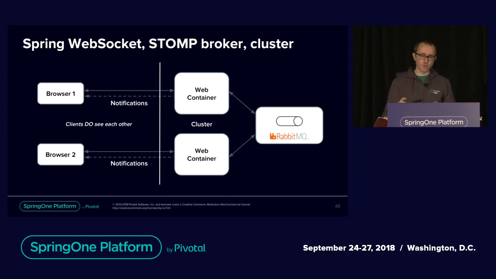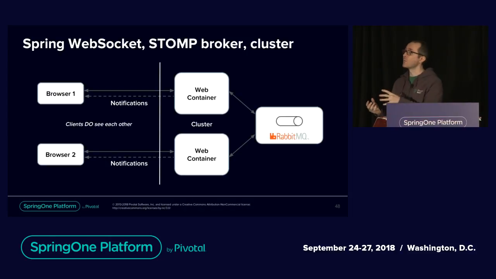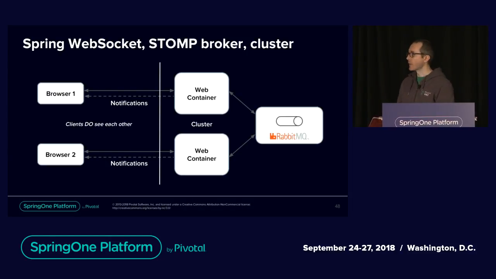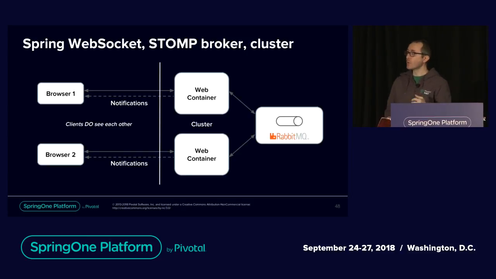So this way you have one centralized place for your queues, for your STOMP topics. And if you publish to topic 1, you will be able to consume from this topic, and this is the exact same instance inside the broker.